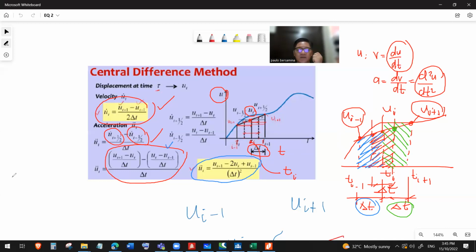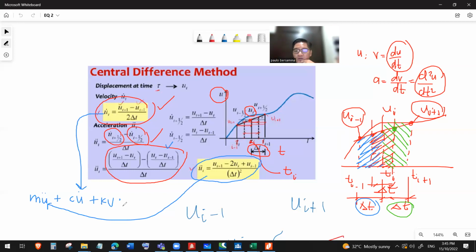Because, again, di ba, from the formula m u double dot plus c u dot plus k u, we will be using this u double dot formula and then the u dot formula in our equation of motion. Okay? So that's the central difference method. From the word central, no? Kumbaga, pinapagitnaan lang natin yung center. Okay? So to derive the corresponding velocity and acceleration. Okay? Sige. So I'll give you time to check that.